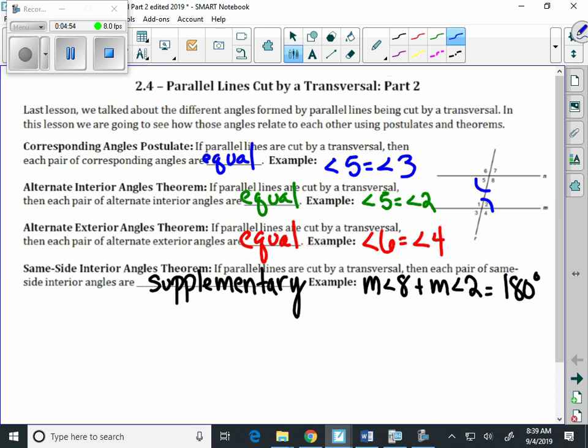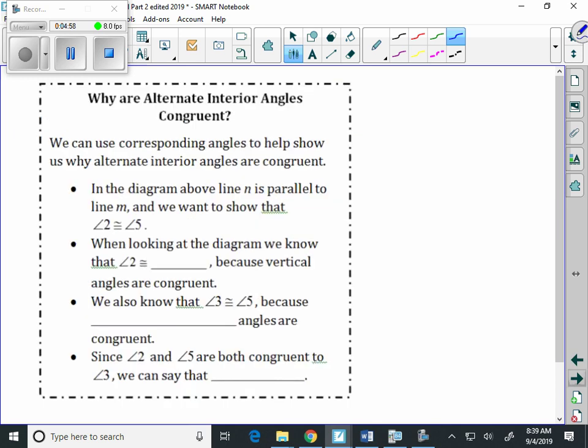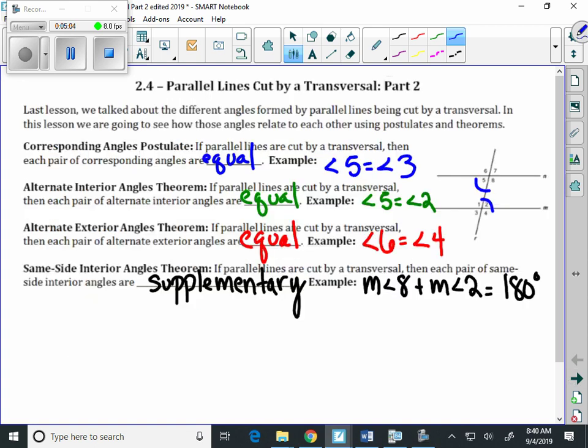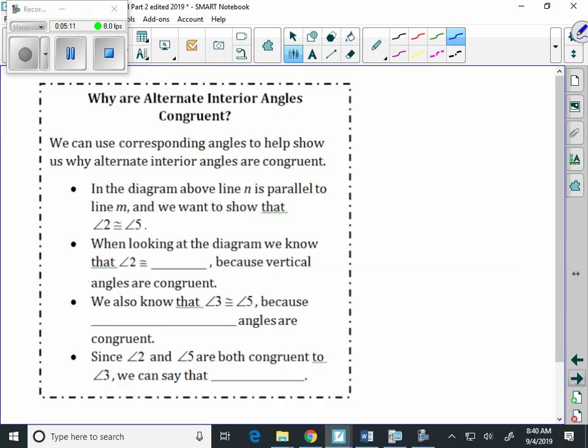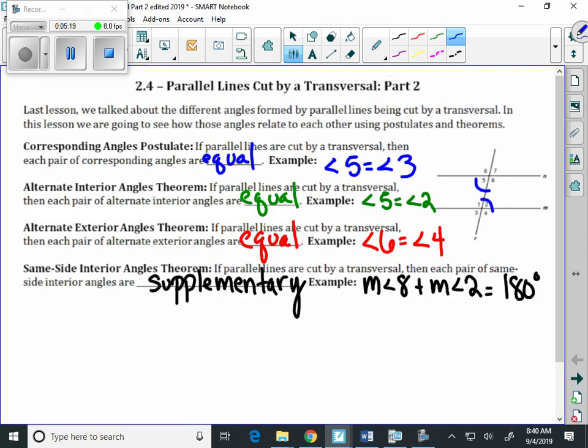Looking at the diagram, we know that angle 2 is congruent to something because vertical angles are congruent. So what's angle 2 congruent to based on vertical angles? If you look at the picture there, it's congruent to angle 3.